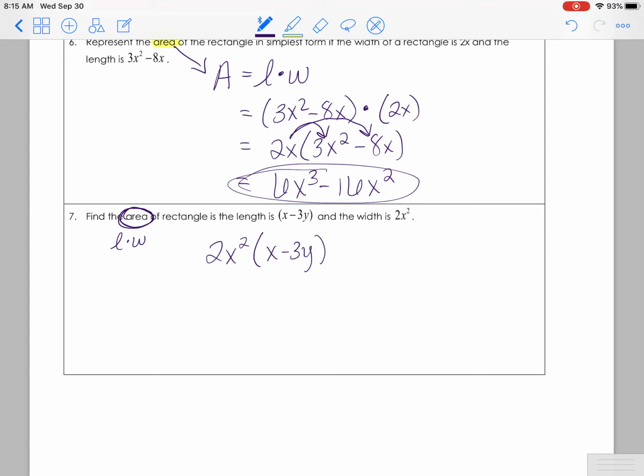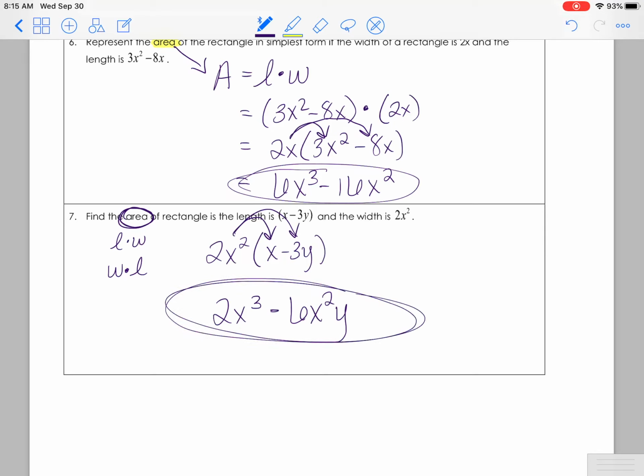Again, which is the same thing. You could say width times length. 3 times 2 is the same thing as 2 times 3. Distribute through. So I get 2x to the third minus 6x squared y. And that would be my final answer.